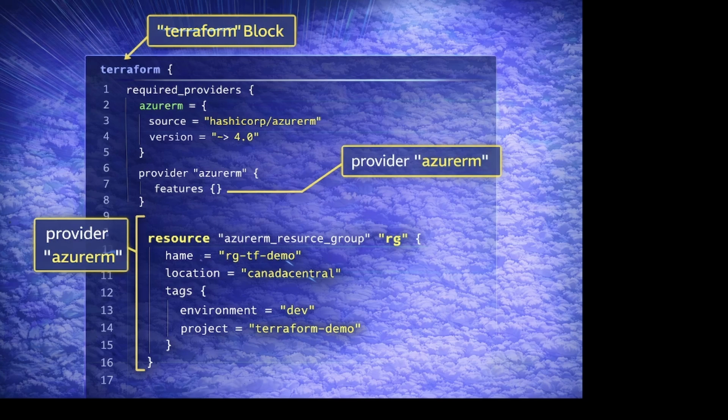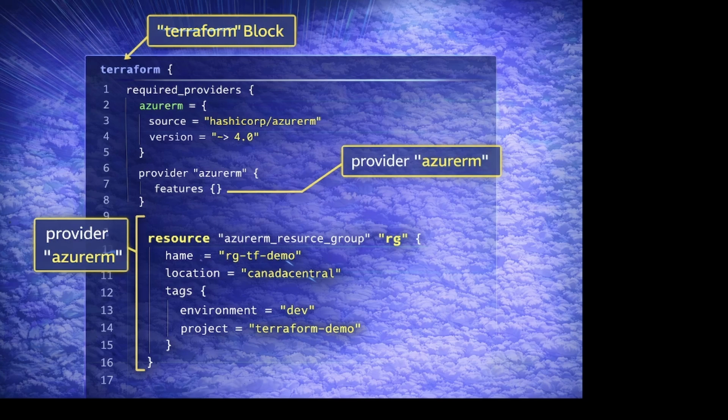And the last one is our resource group definition. This is the actual infrastructure definition. The first line means create an Azure resource group, and inside Terraform we refer to it as rg. Then we define its properties: name, location, and tags.